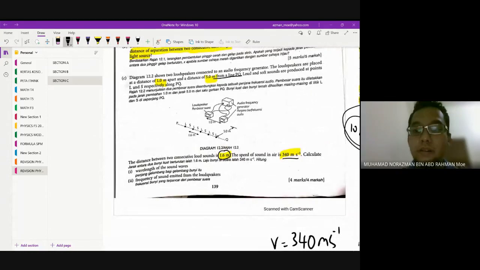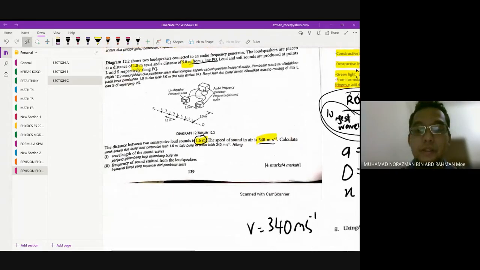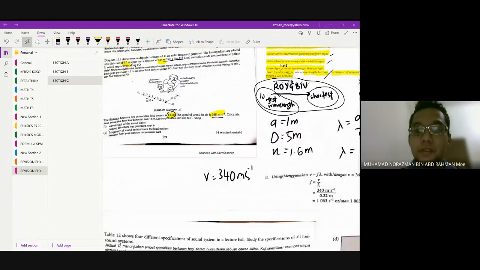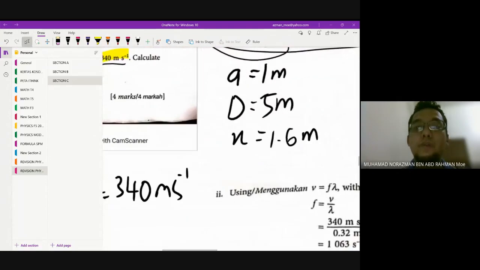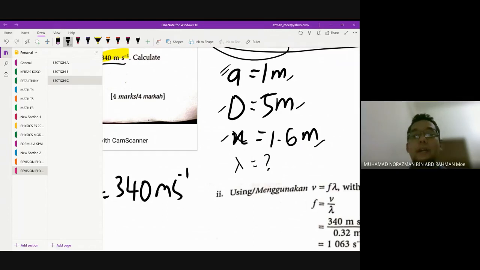Calculate the wavelength. So list down all the information given first. Here, identify what is 1 meter. 1 meter is A. Look at your module, look at the question. What is 5 meter? 5 meter is D. 1.6 meter is X. So the question wants you to find the wavelength, lambda.